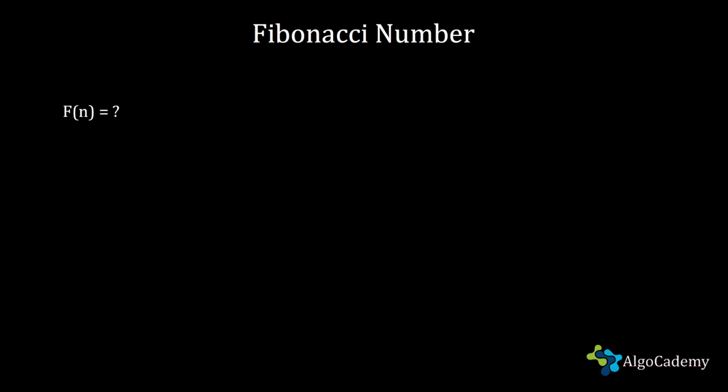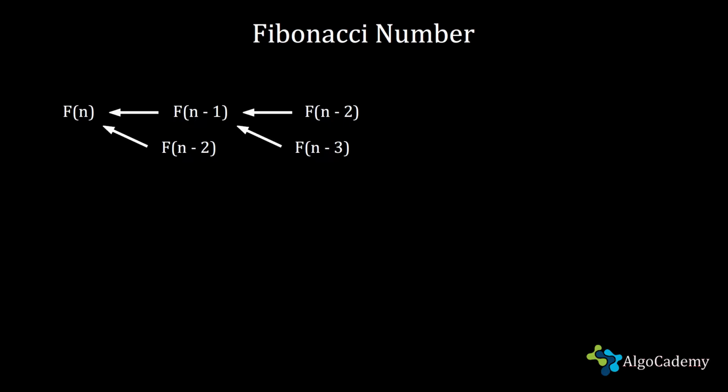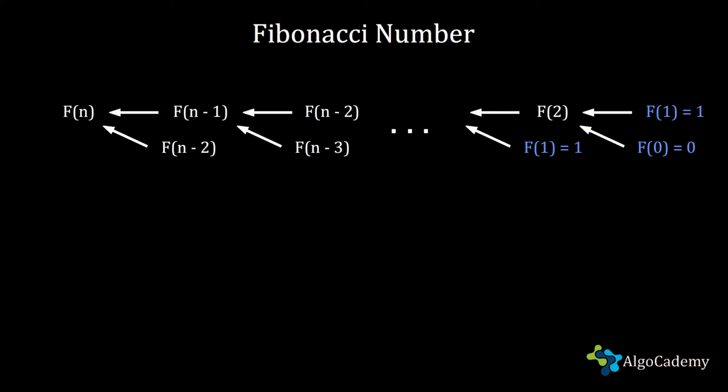In the general case, if we want to compute fn, we should have computed fn-1 and fn-2 beforehand. But in order to compute fn-1, we should have computed fn-2 and fn-3 beforehand, and so on and so forth. In order to compute f2, we will use f1 and f0.